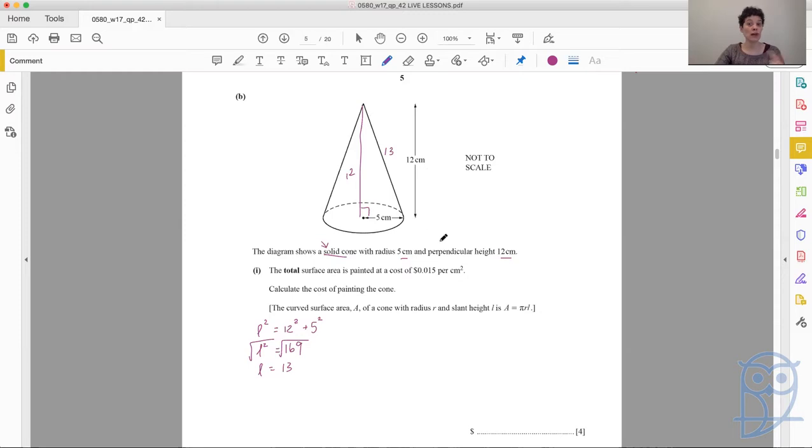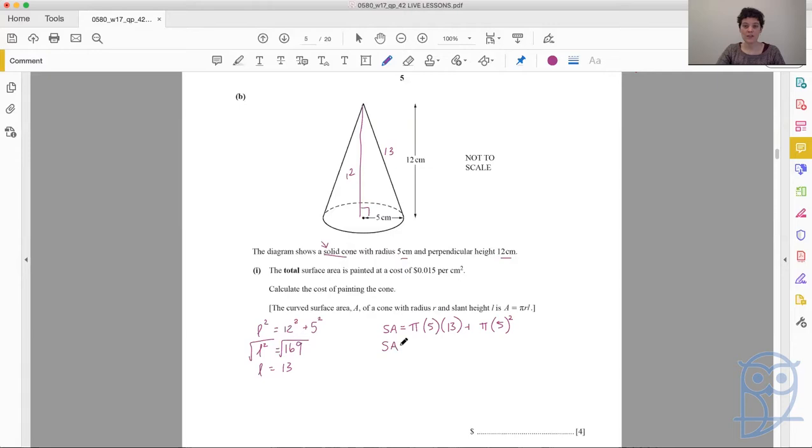So now we're ready to do a surface area. We've said the surface area equals the curved surface area, so pi times the radius times the slant height, plus that circle on the bottom, which is pi r squared, so 5 squared.